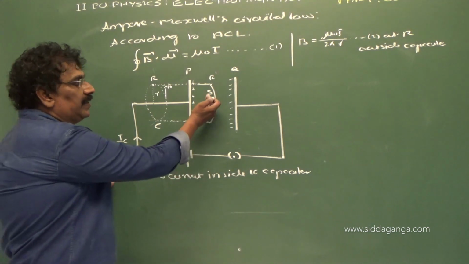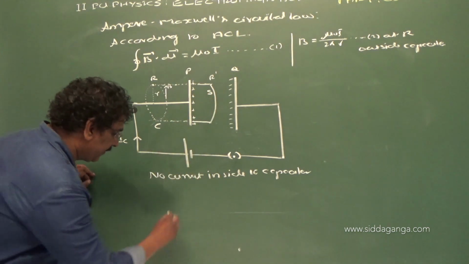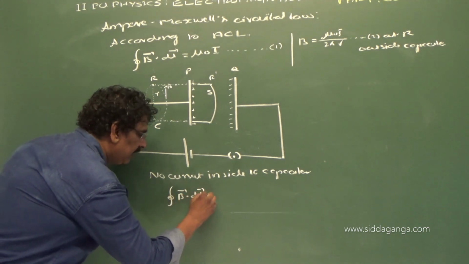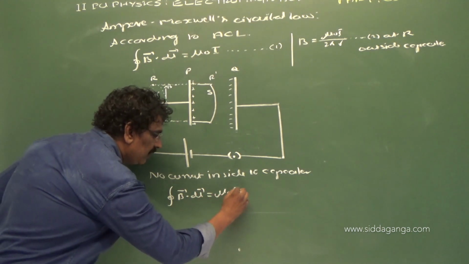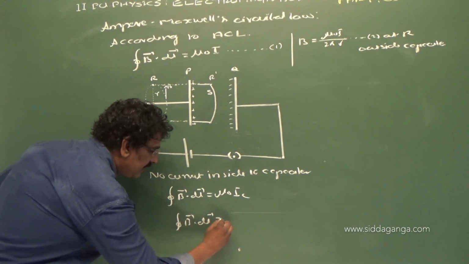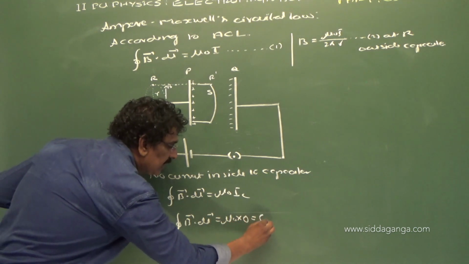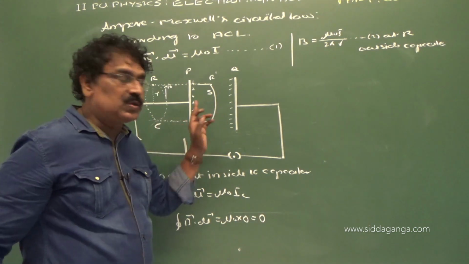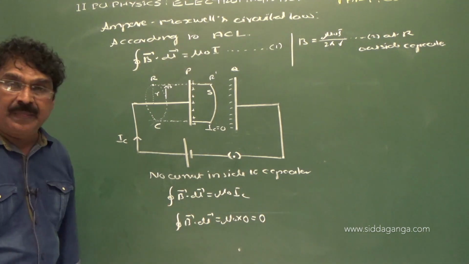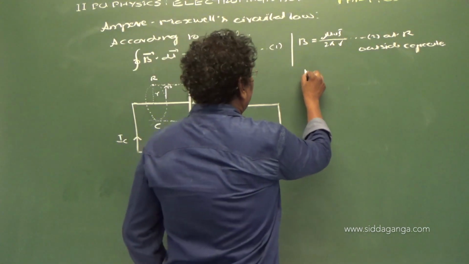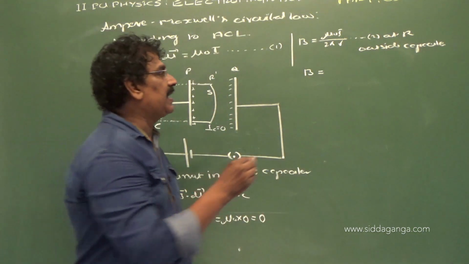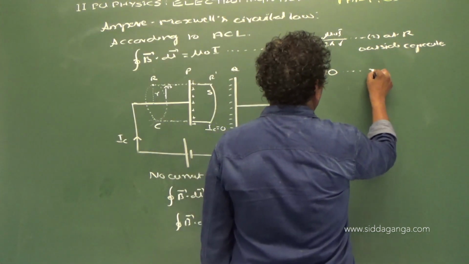Therefore the surface encloses no current. Using the integral of B dot dl equal to mu naught into IC, the integral of B dot dl is equal to mu naught into 0, that is 0, because there is no conduction current in the region between the plates. IC is equal to 0. That means the magnetic field at any point R dash inside the capacitor is 0. Let us take it as equation 3.